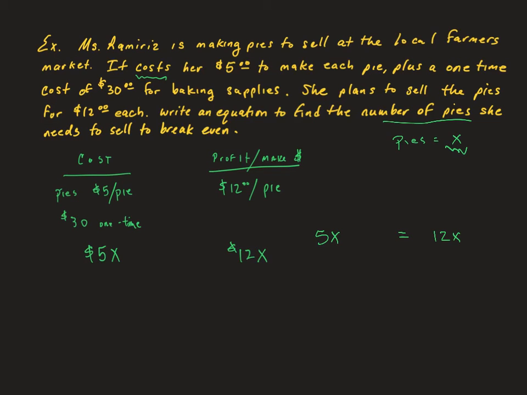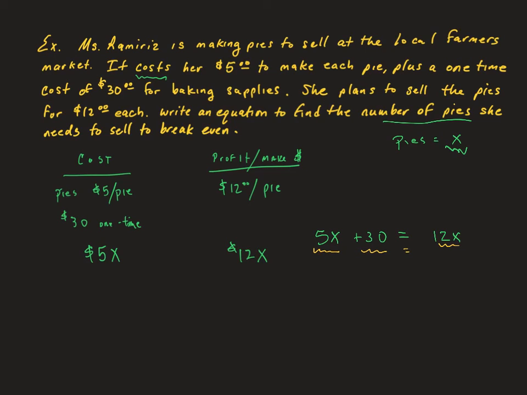And then don't forget that I also needed a $30 investment to pay. So this would break down as $5 times each pie plus $30 one-time fee is equal to $12 per each pie I sell. And that will tell me what my break-even point is.